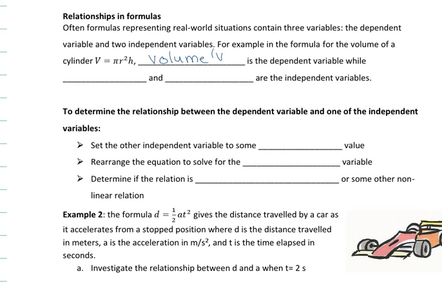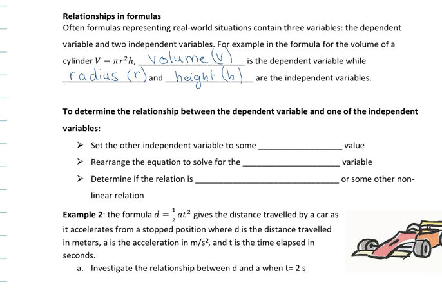What are my independent variables? R and h. The radius and the height are the independent variables. So in this case, I have 2 independent variables, okay?